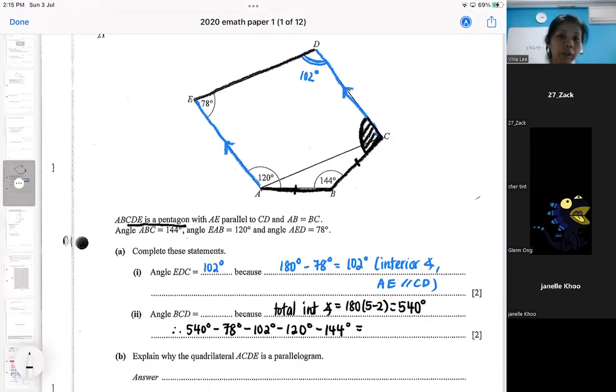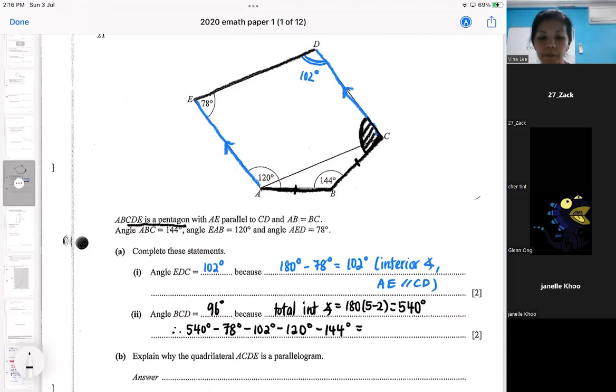So that's it. You just have to mention the total interior angle and then do your subtraction. So the answer is 96. Some of you gave me the correct answer, but the reasoning is wrong, so you will get penalized for that.